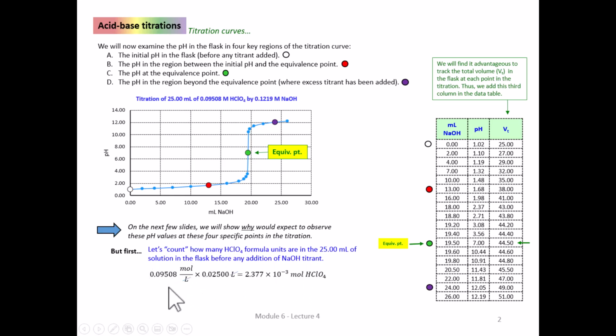We take the concentration times the number of milliliters, and we see that there were 2.377 times 10 to the minus 3 moles of perchloric acid in the flask initially before any addition of titrant. Since perchloric acid is a strong acid, what we're starting out with in the flask is 2.377 times 10 to the minus 3 moles of hydronium ions, the same number of moles of perchlorate ions, and of course, water.